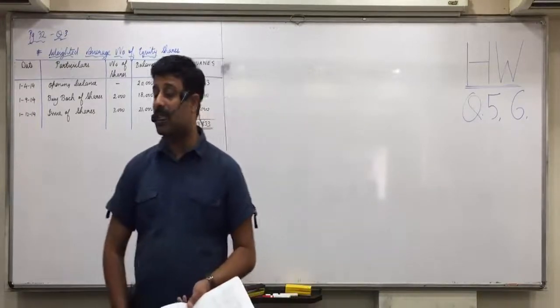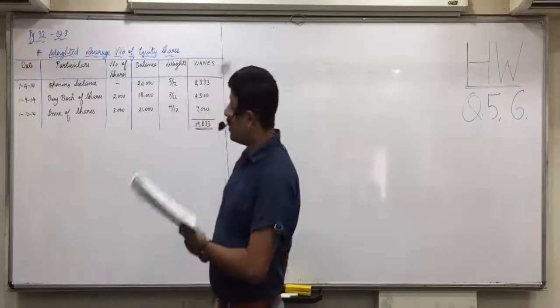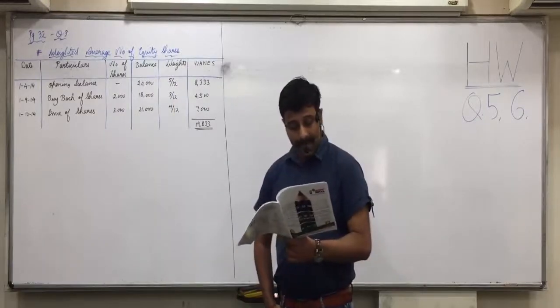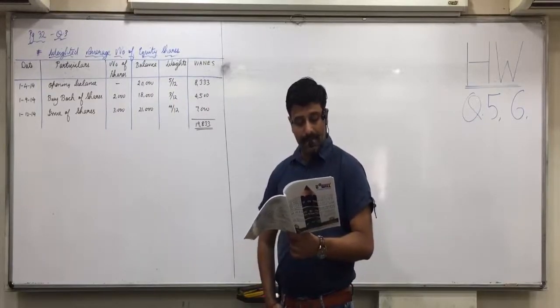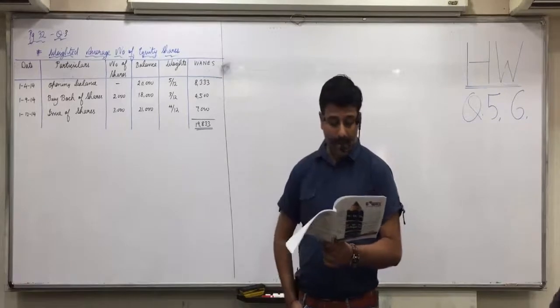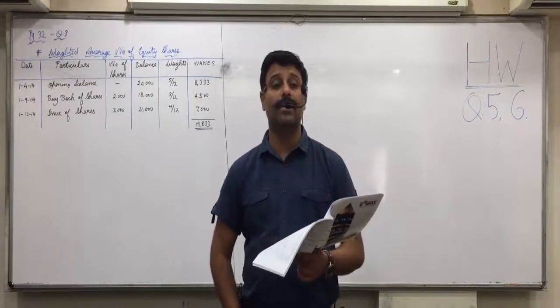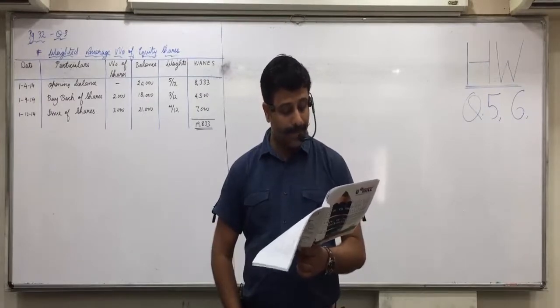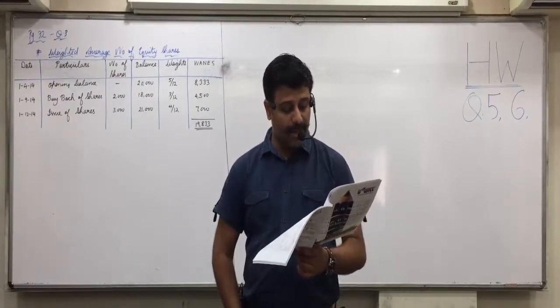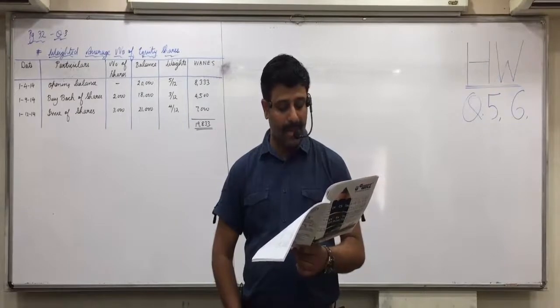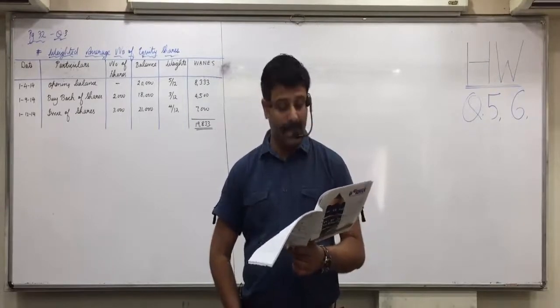1/4/14 balance of equity shares 3,60,000 will come in opening balance. Then 30th April 2014, equity shares issued for cash, so we add, plus. Then 1st February 2015, shares bought back, minus.